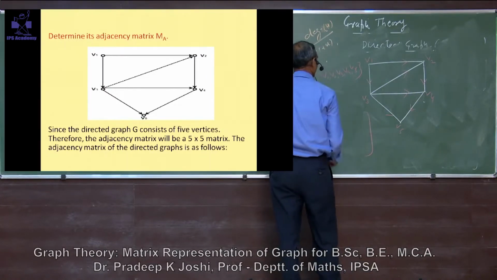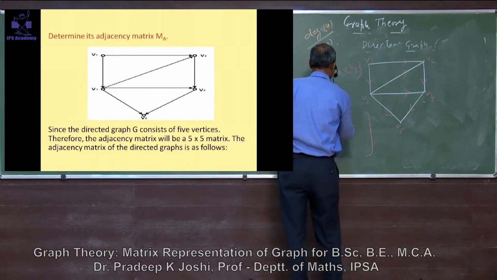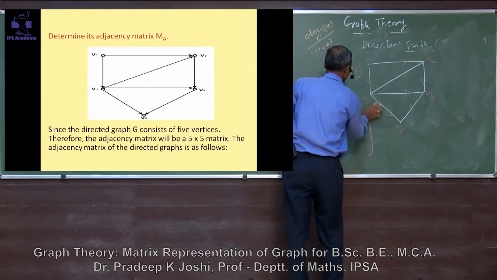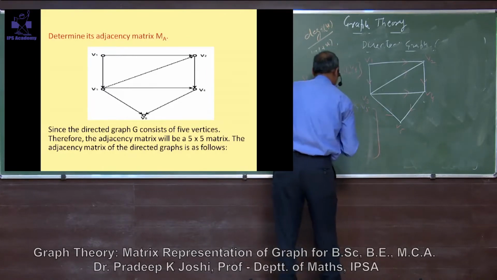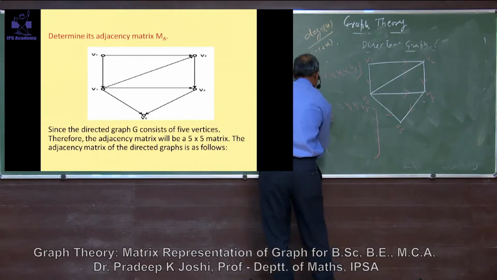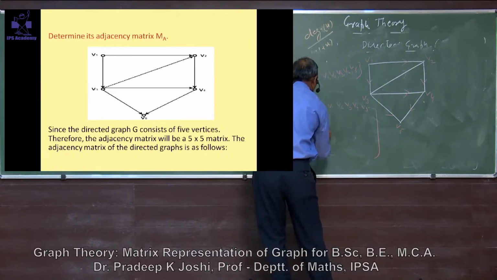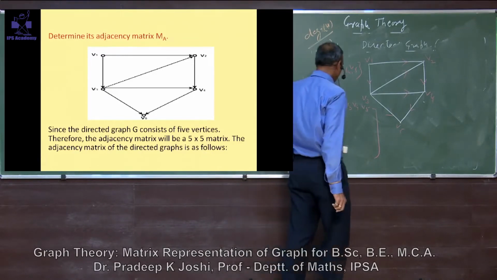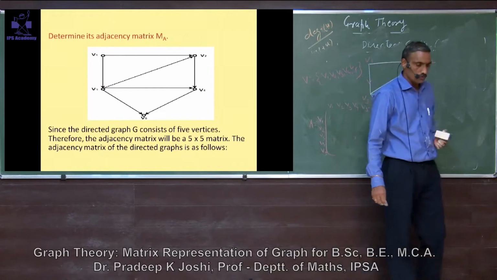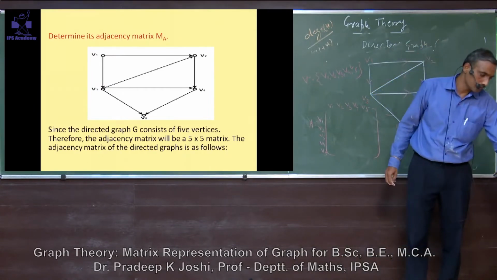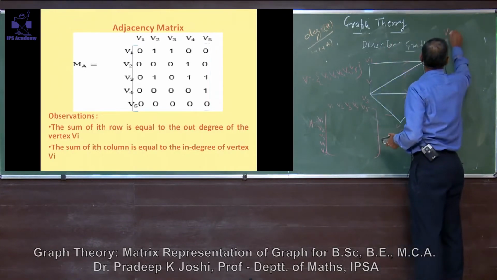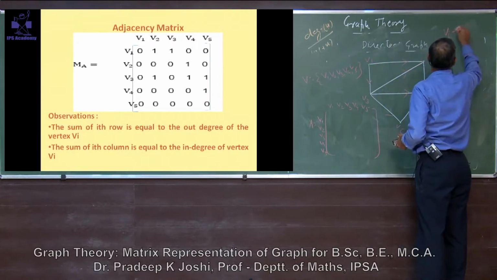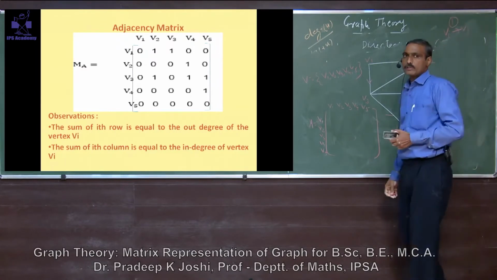Rows represent vertices and columns also represent vertices: V1, V2, V3, V4 and V5 for both. So the matrix will be like this. When Vi goes to Vj, we put 1, otherwise 0.